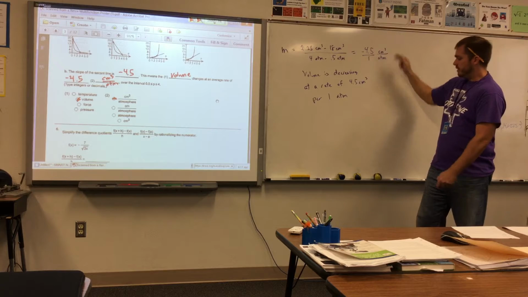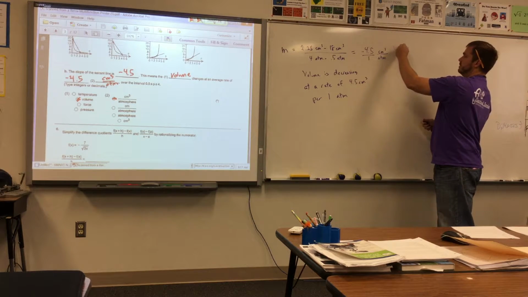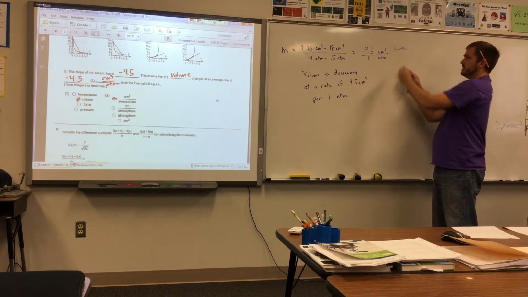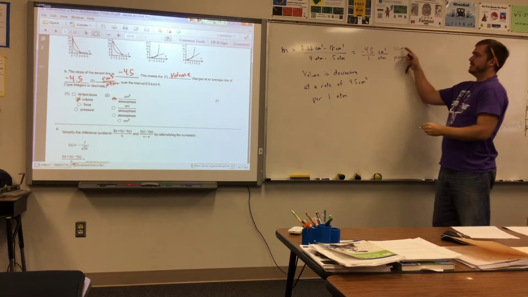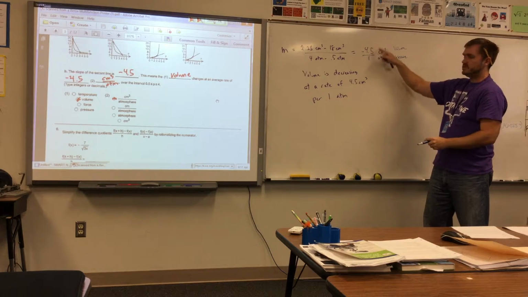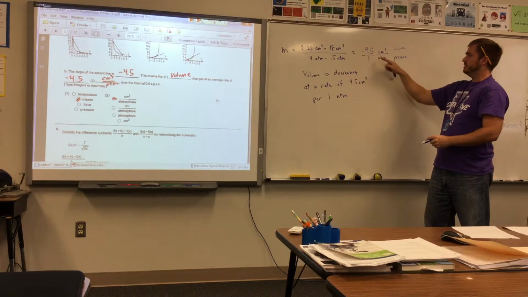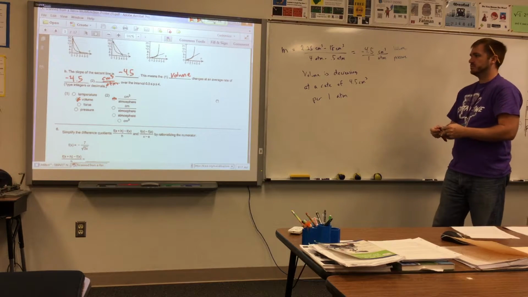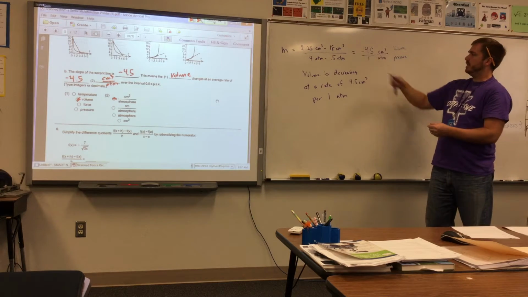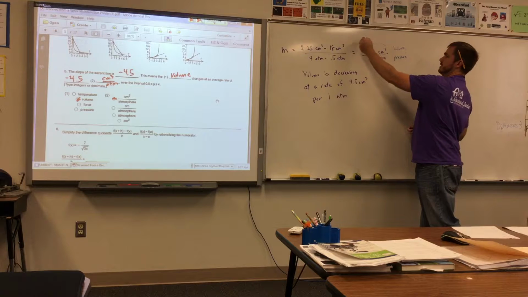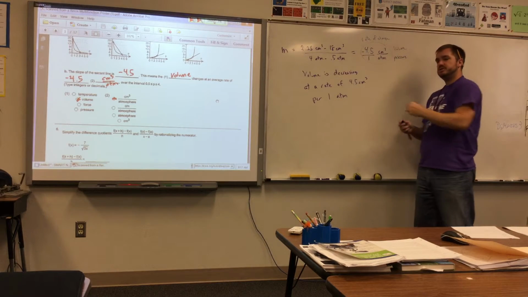From there, we know that these are volume units and these are pressure units. So that's how I was able to say the volume is changing at this rate as the pressure is changing. So what we're looking at is a rate of change. How much is it changing?